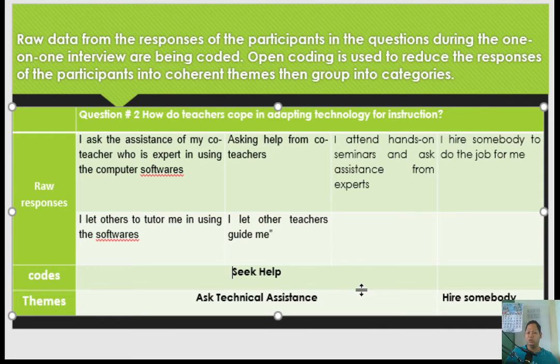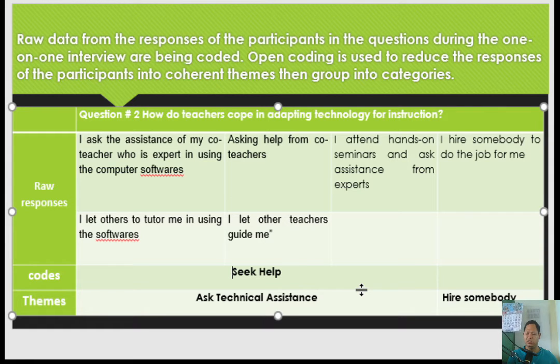There are a lot of canned goods. It could be corned beef, pork and beans, sardines, etc. Those names of the canned goods are the codes, while the theme is the canned goods, the overall name of your groceries.